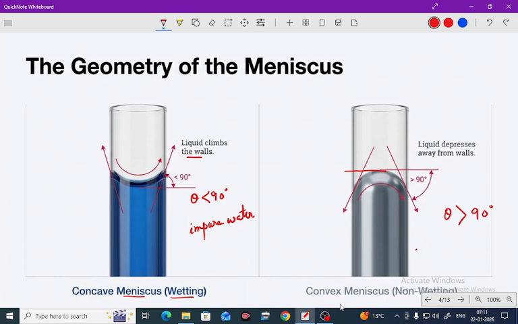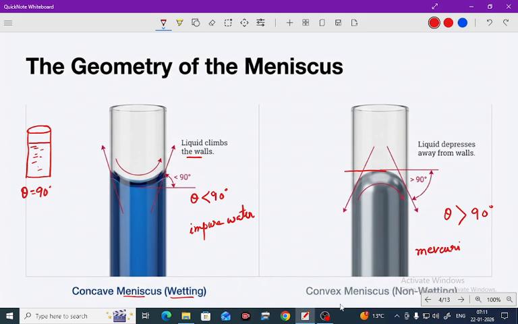It is mercury. This is the case of impure water. And if it is impure water, what will happen? In case of impure water, you can see here the geometry of meniscus. In case of pure water, the angle theta is equal to 90 degree.